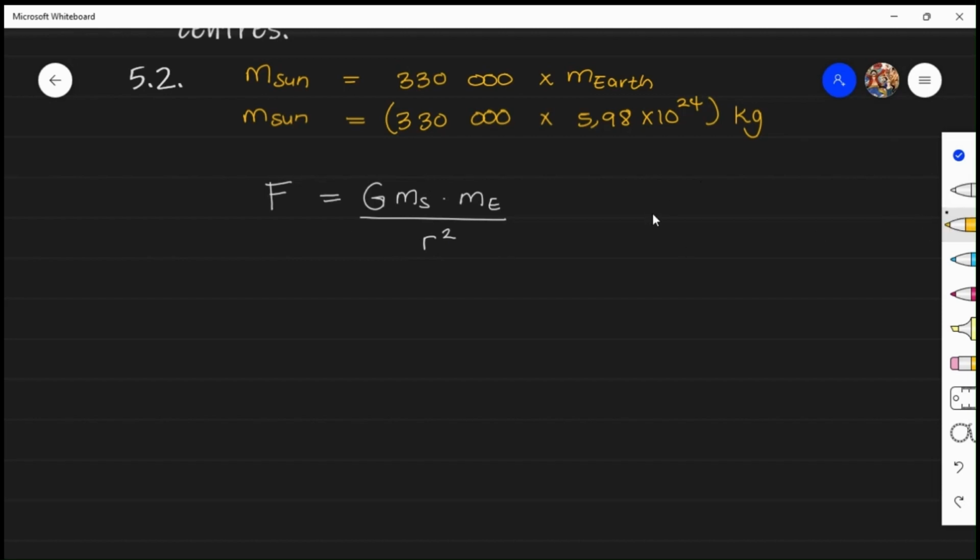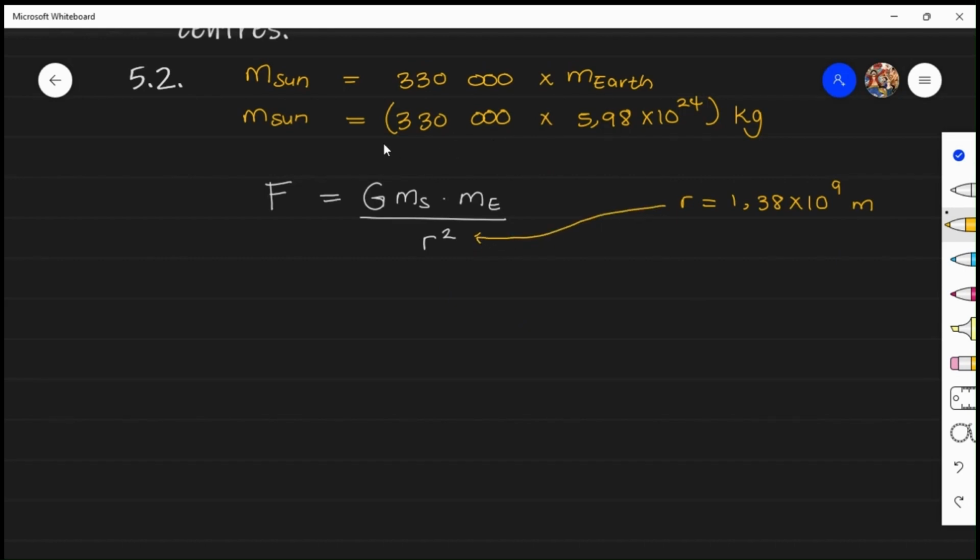Now we know that our radius has a value of 1.38 times 10 to the power 9 meters. So we can substitute that in place of r.